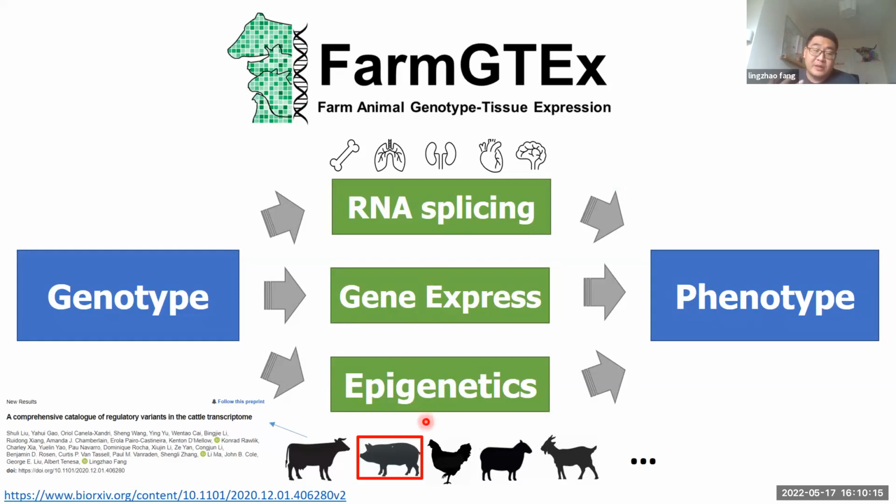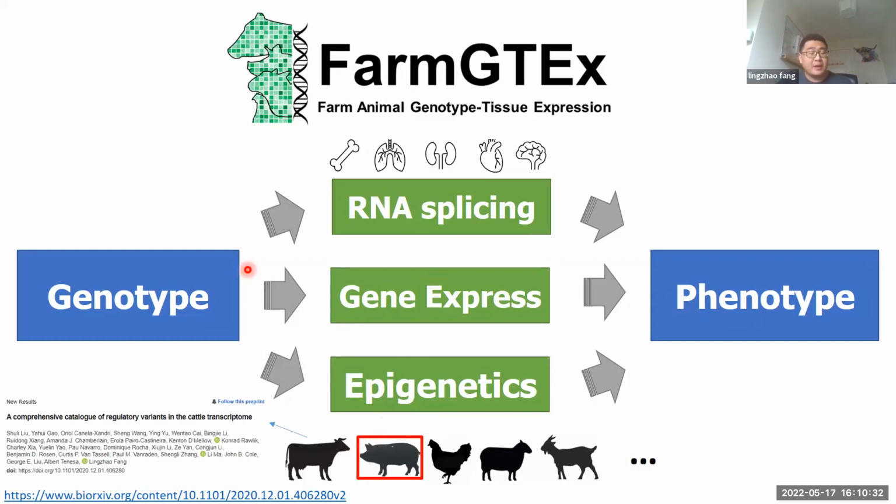But if we develop a similar project like in humans, it may take a lot of time and a lot of money. So probably it was not possible at that time to have a grant to support that.